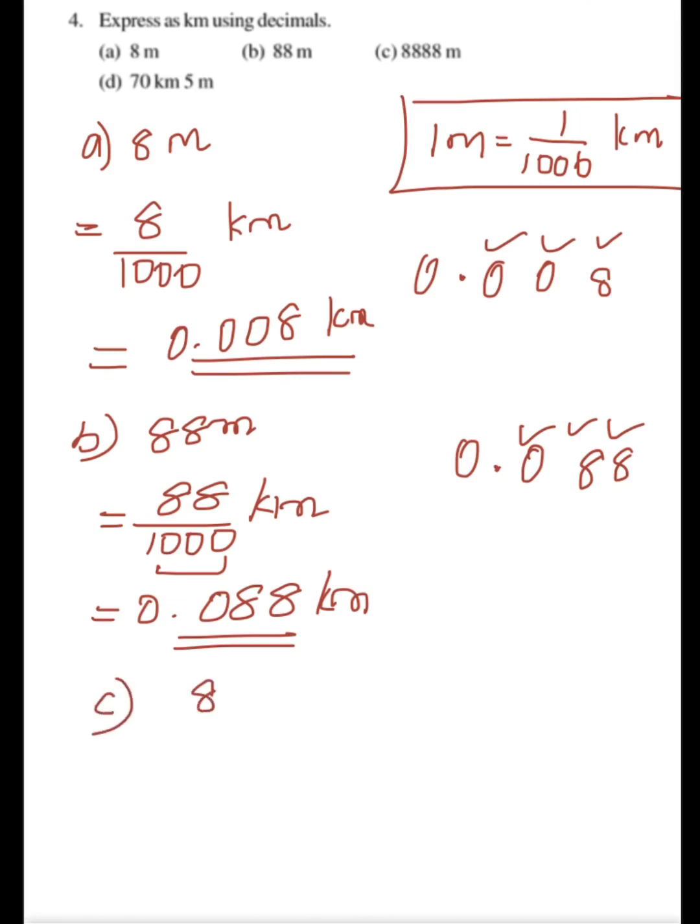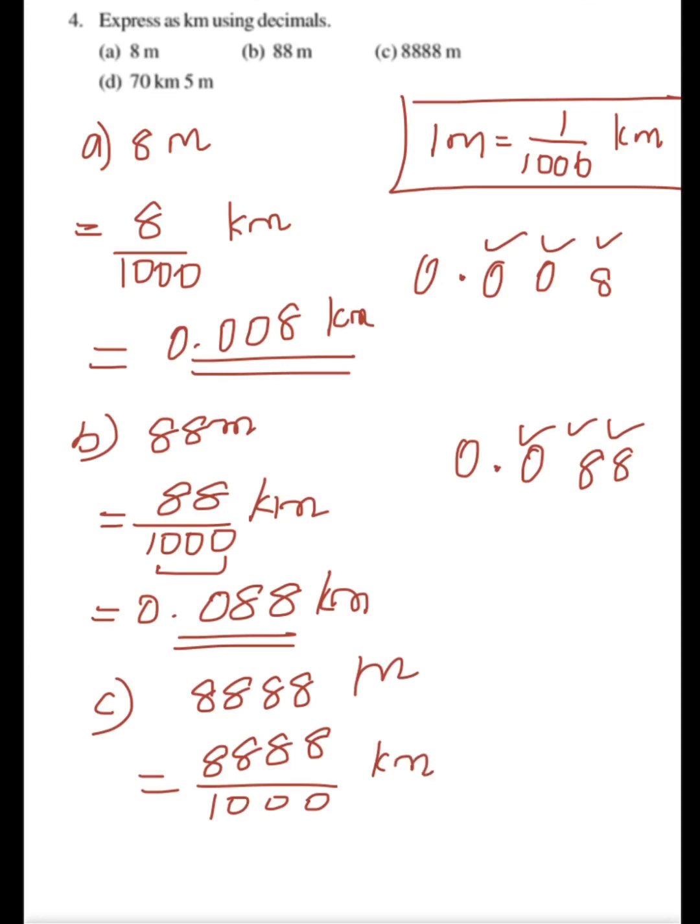Okay. Now what about C? C is 8888 kilometer. Okay, and you have to express it in kilometer. So what you have to do? You have to divide it with 1000, so that it will get converted to kilometer.